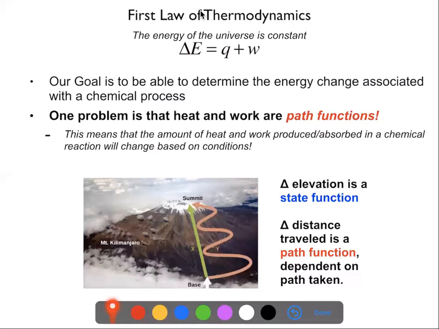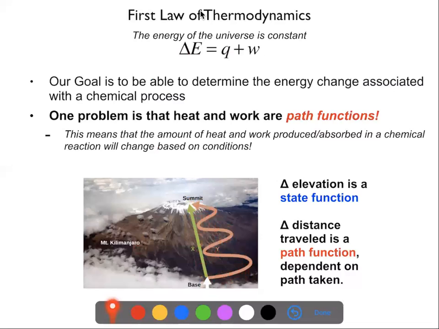So this idea of a path function versus a state function, the common example, taken from your text and shown here, is if you were to climb a mountain. You start at the base, you go to the summit, and you can have two choices of path. You can do this green path X, or you can do this orange path Y and wind your way up to the top of Mount Kilimanjaro. The change in elevation from where you started to where you finished is the same regardless of what path you take.